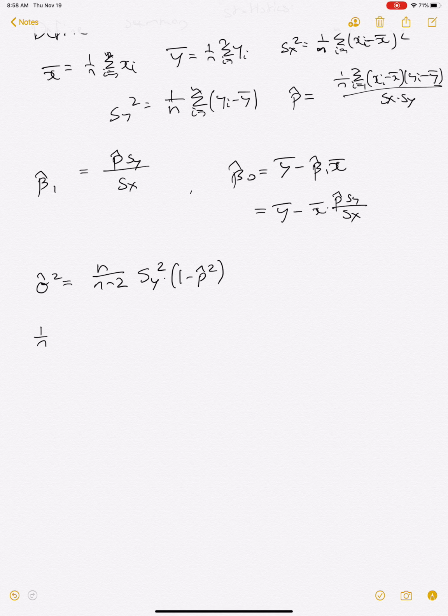And then this last thing here, you'll see why we have that. That's just equal to sx squared plus x bar squared.